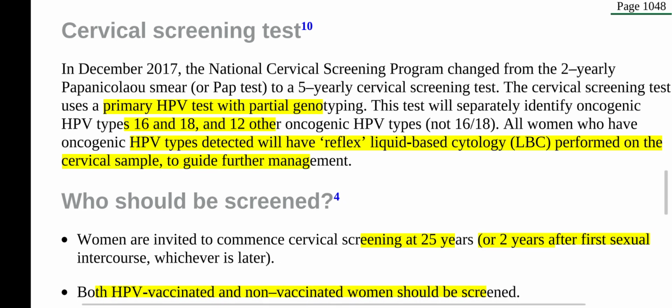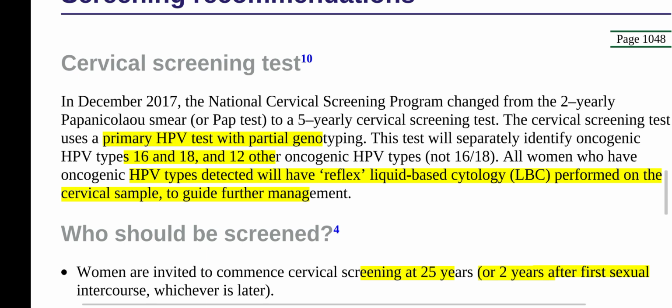All women who have oncogenic HPV types detected: suppose the woman is going for the screening test, and it comes out positive for 16, 18, or other oncogenic HPV types, then they do liquid based cytology on the same cervical sample which they have taken for the cervical screening test, to guide further management.